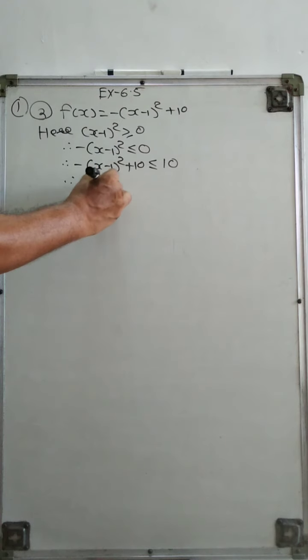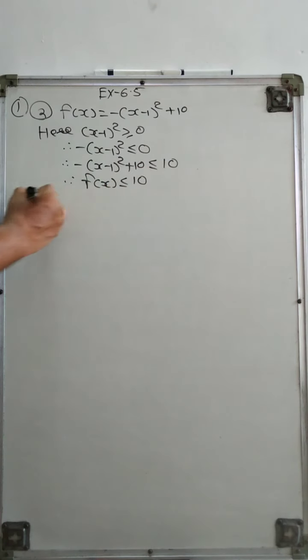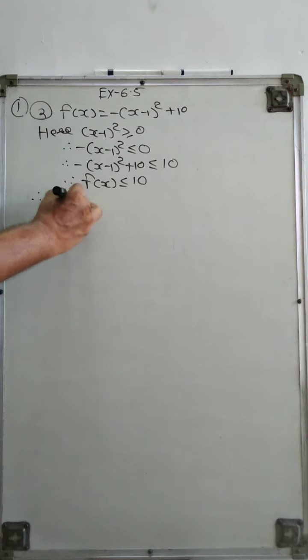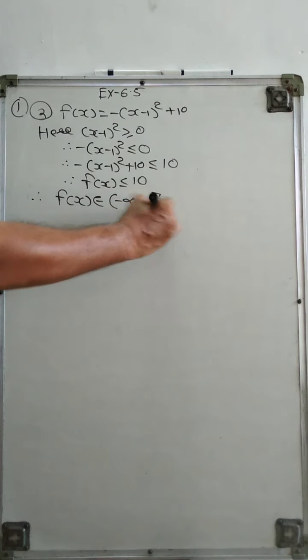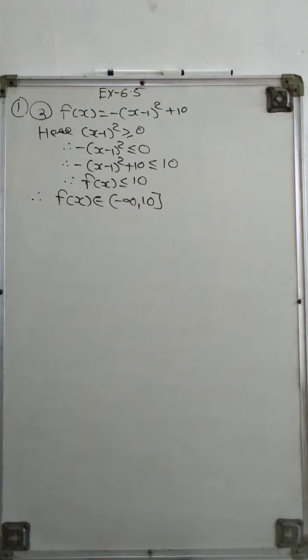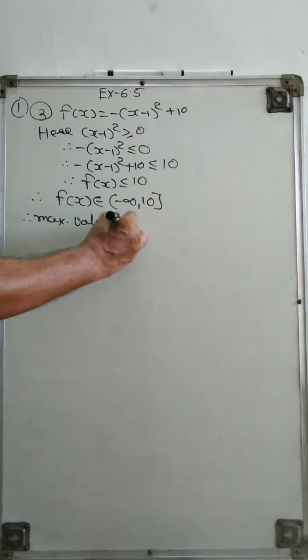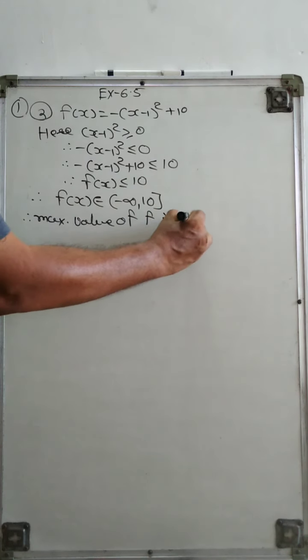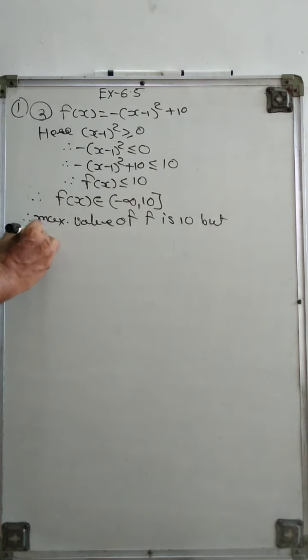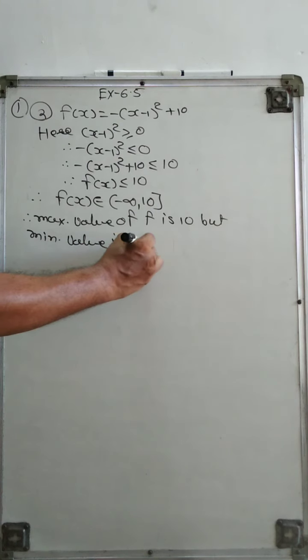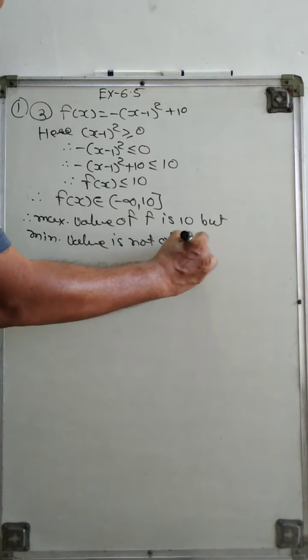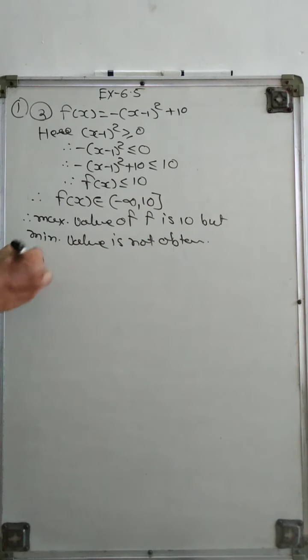It means f(x) is less or equal to 10. Therefore, function is bounded to (minus infinity, 10]. Therefore, maximum value of f is 10, but minimum value is not obtained. Right?